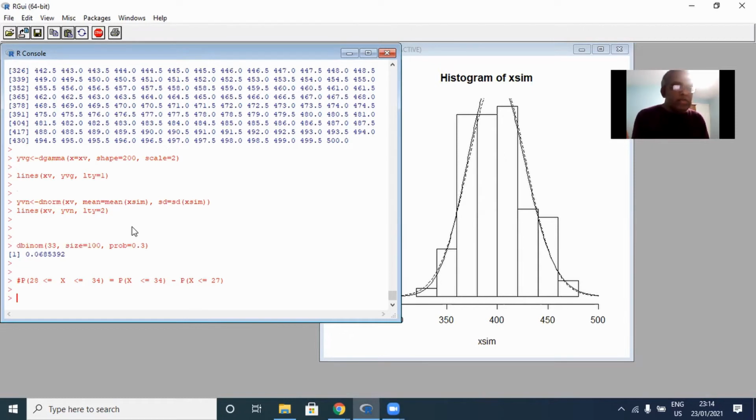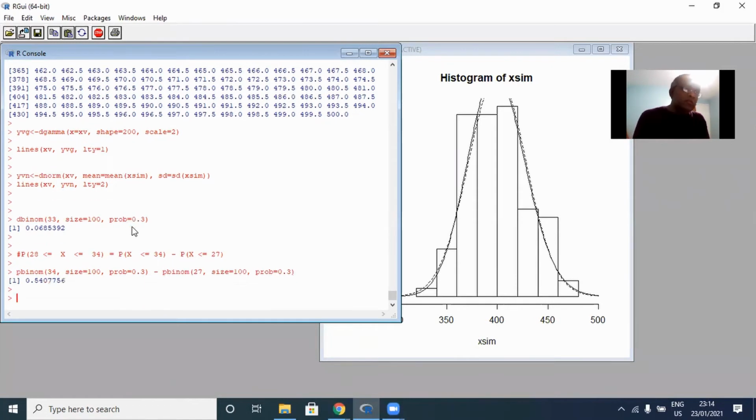So the right-hand side is equal to pbinom at 34, with size equal to 100 and prob equal to 0.3, minus pbinom at 27, with size equal to 100 and prob equal to 0.3. So this is the answer to the probability that x is between 28 and 34.